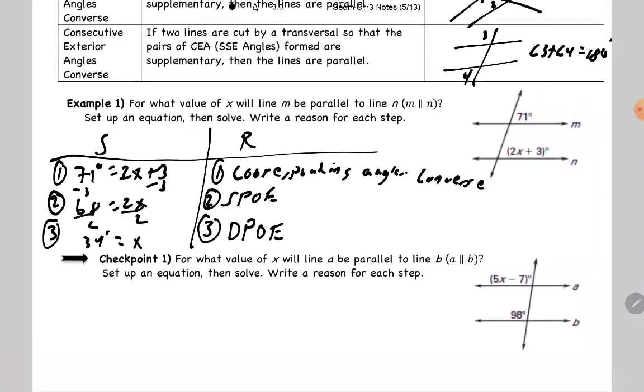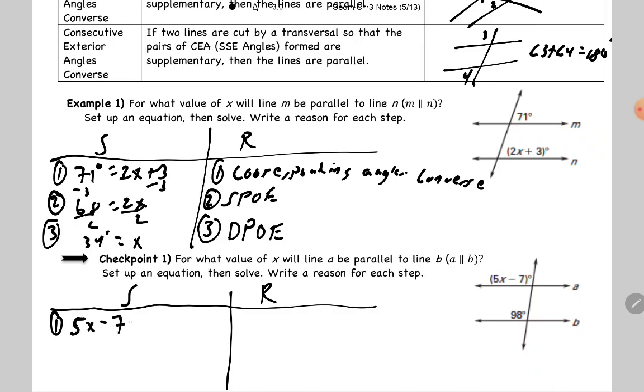Okay. So checkpoint 1, same thing. Statement, reason. These are corresponding angles. So 1, 5, x minus 7 is equal to 98.